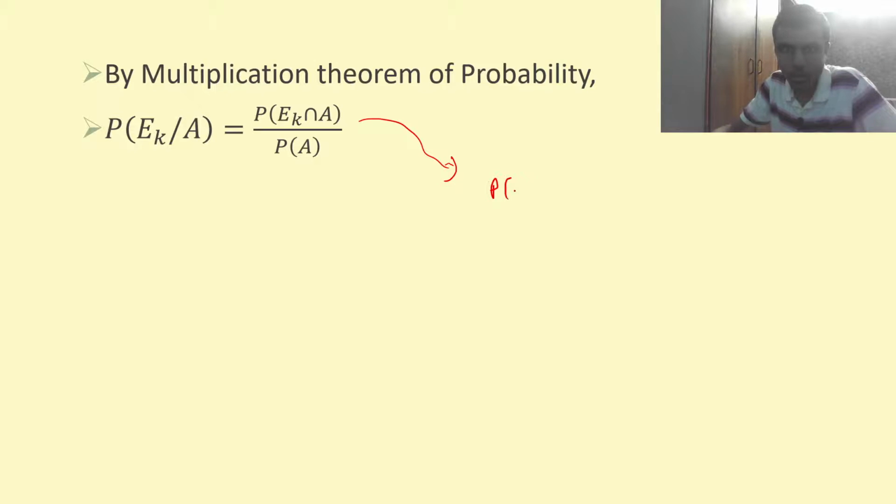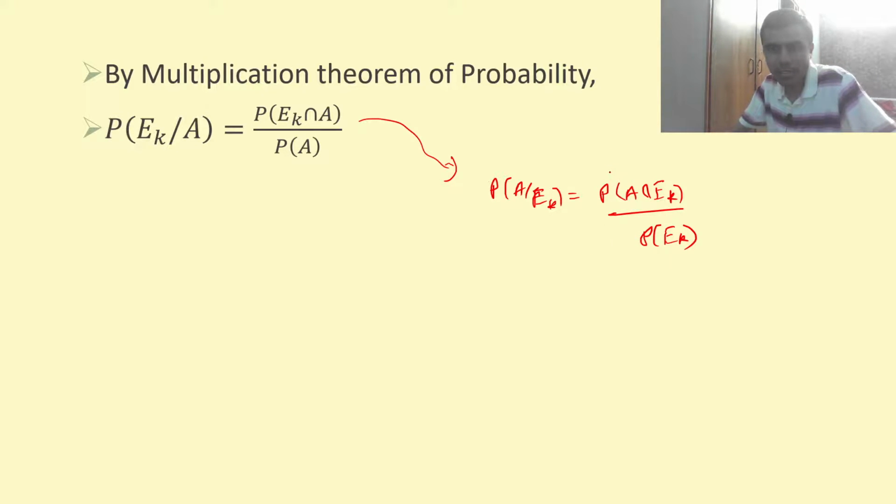Here P of Ek by A is there. I want P of A by Ek. P of A by Ek is nothing but P of A intersection Ek by P of Ek.